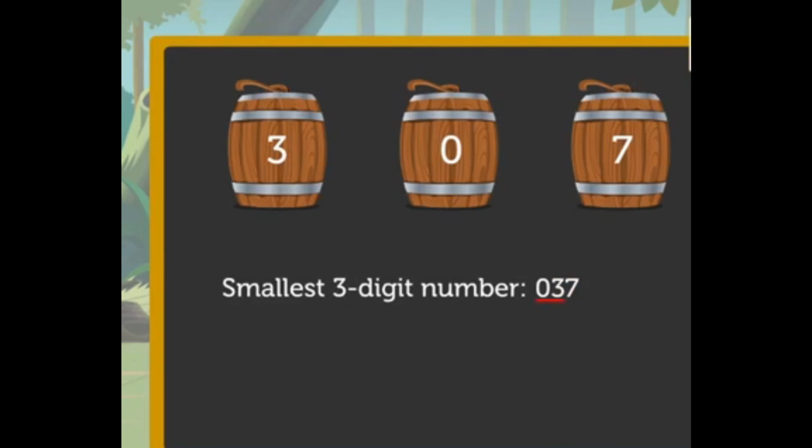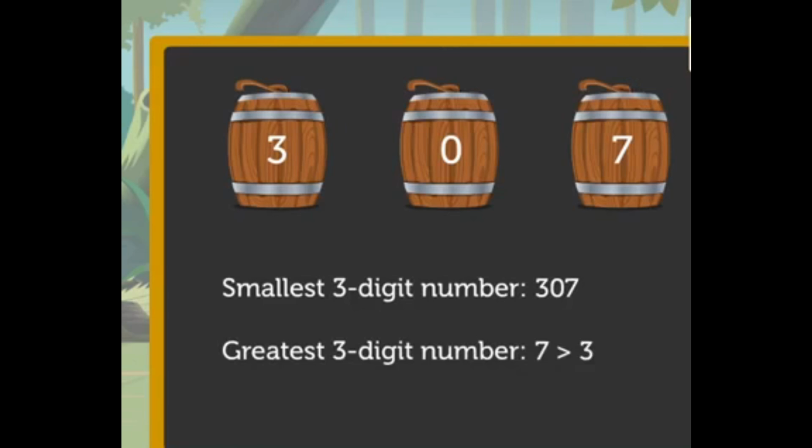So we interchange the position of the first two digits, that is 0 and 3, to get the smallest three-digit number, that is 307. Now let us form the greatest three-digit number by arranging them in the decreasing order.